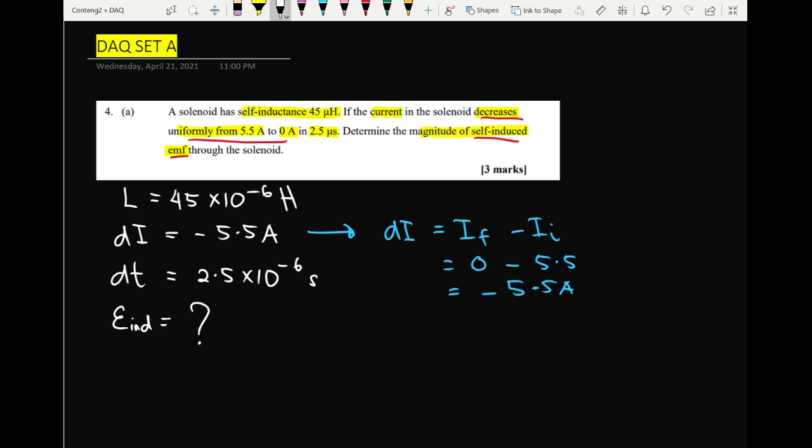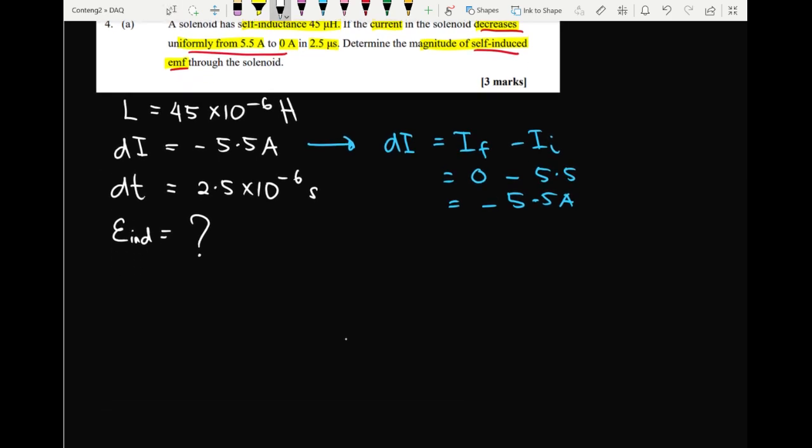Now check the information. You have L, you have dI, you have dt. Automatically, the equation is induced EMF equals negative L dI over dt. Simple. And don't forget, this negative is compulsory in our equation.